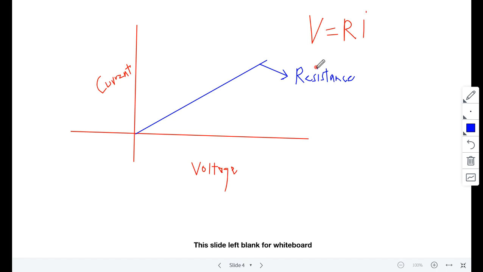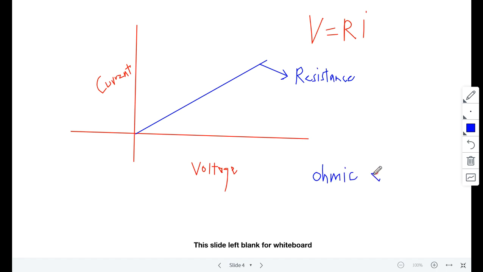Now, since we are studying the graphs, there are three more graphs that are very important. As current increases, voltage increases, and this graph is called an ohmic conductor or ohmic resistor.